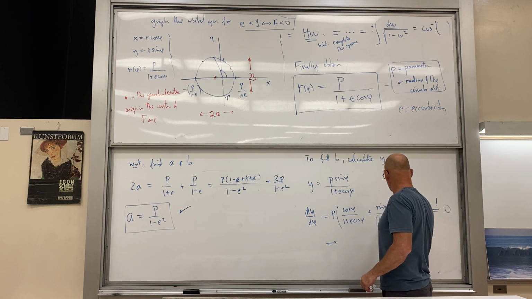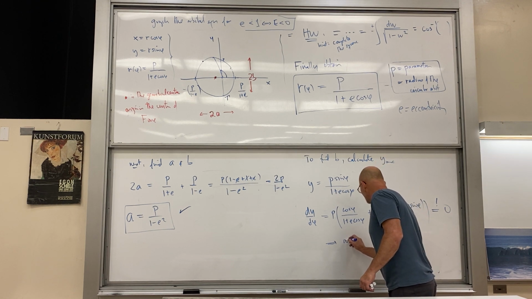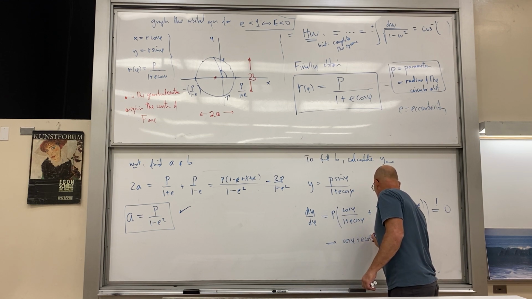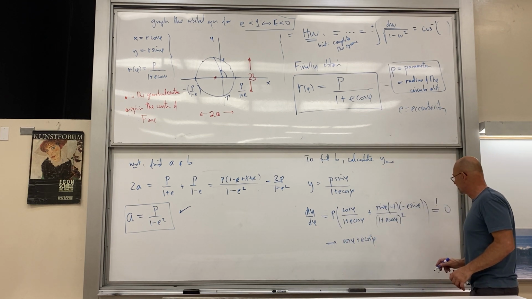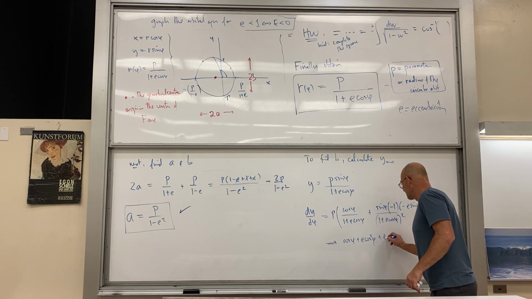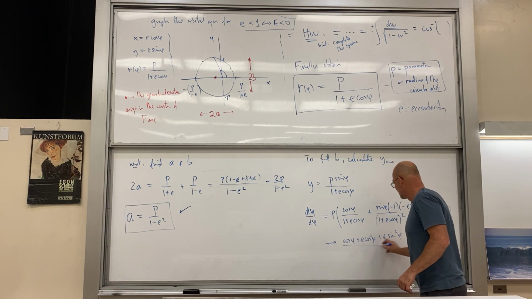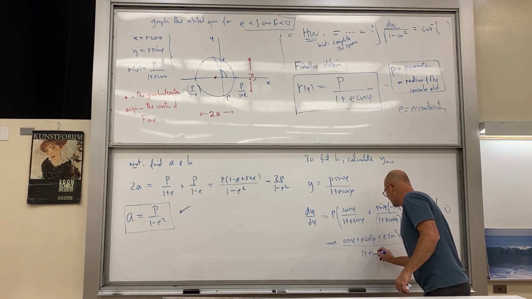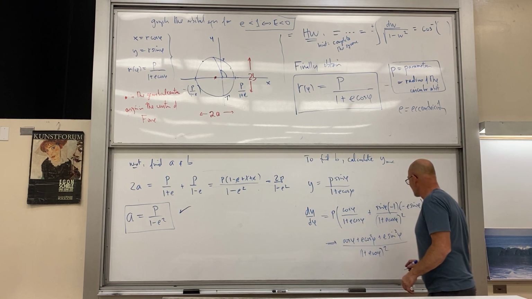We multiply by 1 plus e cos phi, so we have cos phi plus e cosine squared phi plus e sine squared phi over 1 plus e cos phi squared.